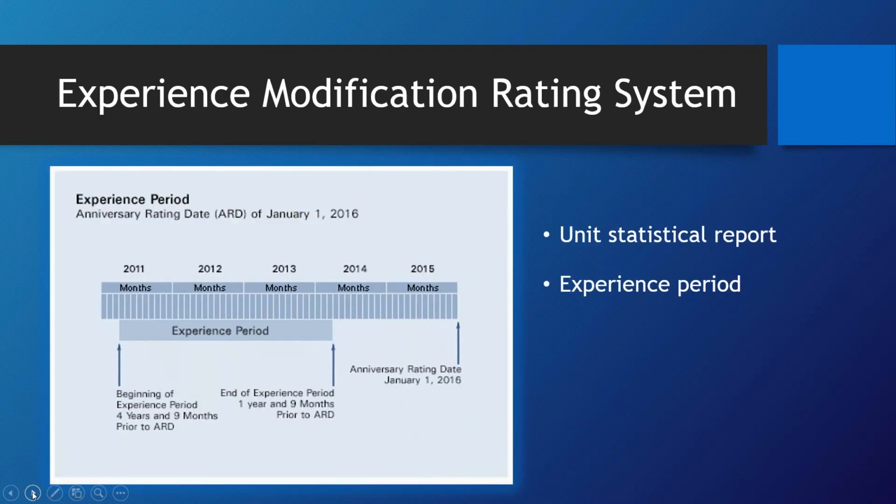The other thing you need to know about the Ex Mod is that what you're looking at is a unit statistical report, and it's designed to calculate a company's experience modification. Let's just say we have a new business. It won't be assigned a mod rate until it's been established for a minimum of 3 years, and it has to have generated sufficient premium for each of those years.